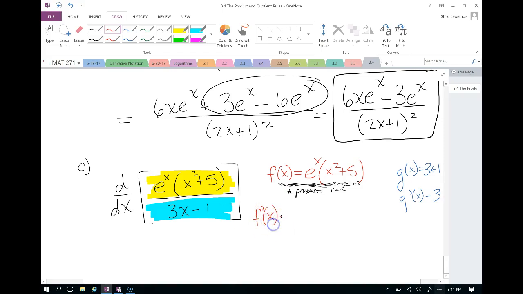If you do, I would change letters and maybe write it s of x and t of x, or m of x and n of x. But overall, we need to get f prime, and we need to do it with the product rule because f is a function of two functions of x being multiplied together. And f prime starts with the derivative of the first times the original of the second, plus the original of the first times the derivative of the second.